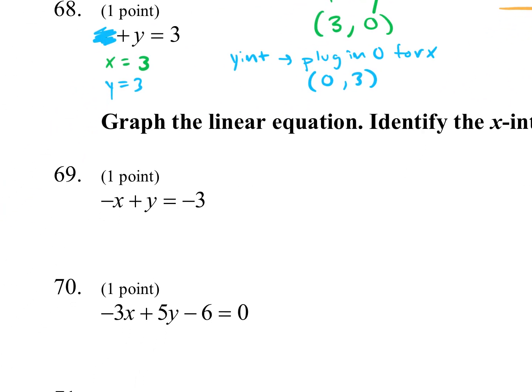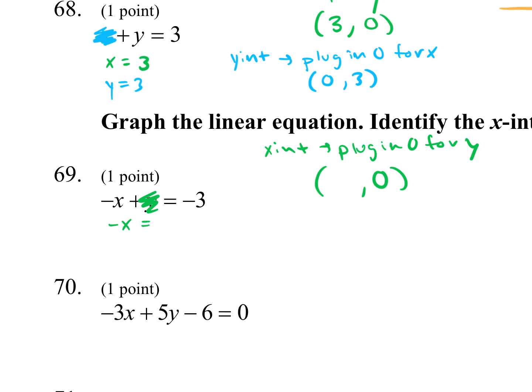I'm going to do the same thing for 69. So to find the x-intercept, I plug in 0 for y. So in my point, y is going to be 0. So I need to figure out what x is when I plug in 0 for y. So here I have negative x is equal to negative 3.